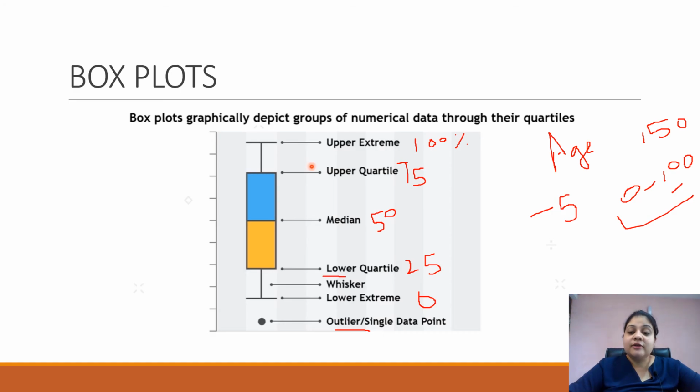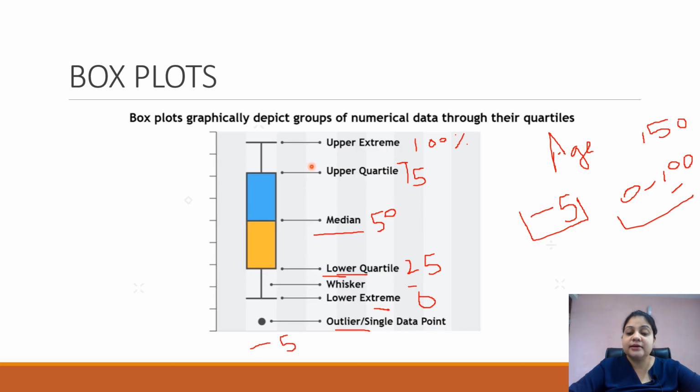So we can say that the median will represent age 50, the lower quartile will represent age 25, and the lower extreme will represent age 0. But if this -5 is a data point in our data, then it will be considered an outlier.